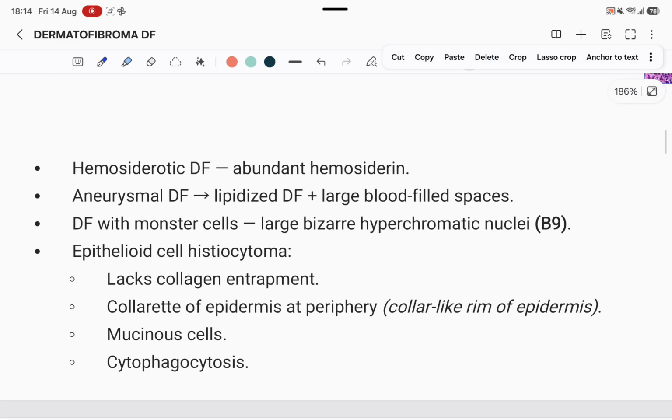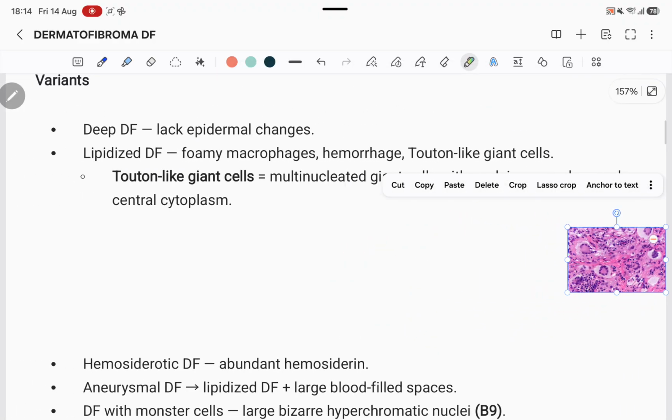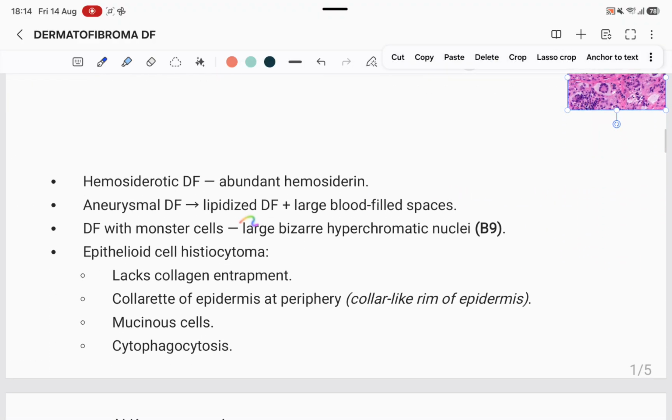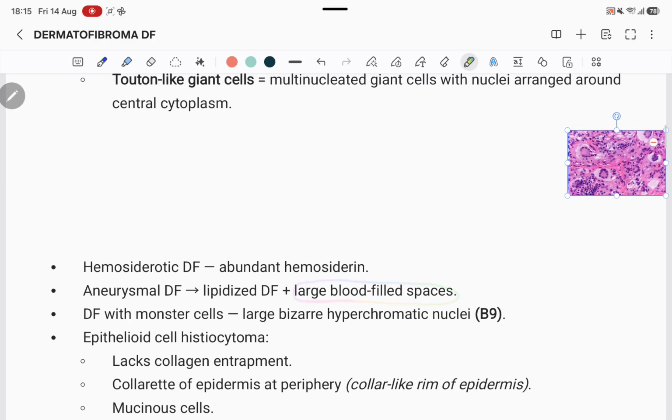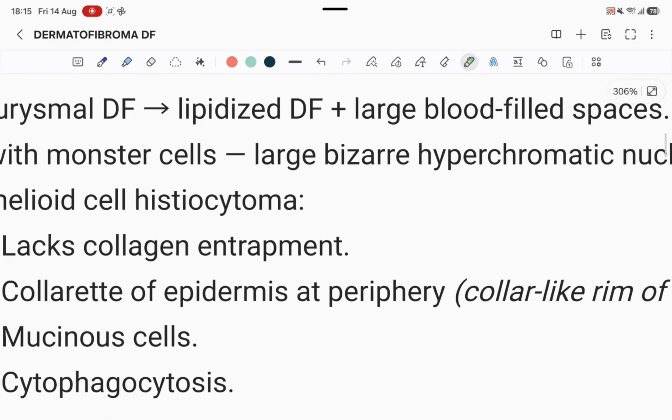Hemosiderotic DF has abundant hemosiderin. Aneurysmal DF is the lipidized one that we already saw with the totem-like giant cells, and there is another thing, which is large blood vessels or large spaces filled with blood.